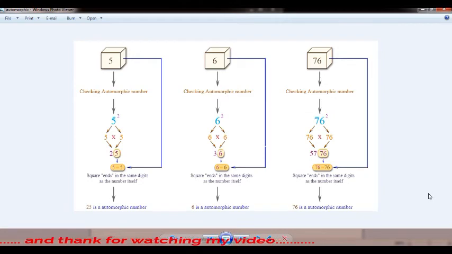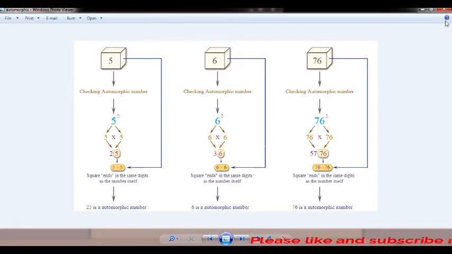Here we take a number 5, checking whether it is automorphic or not. So we calculate the square of the number. 5 squared, 5 into 5 gives 25. Then we check this 5 and the number we took, 5, both are equal. The square ends in the same digit as the number itself, so 5 is an automorphic number.